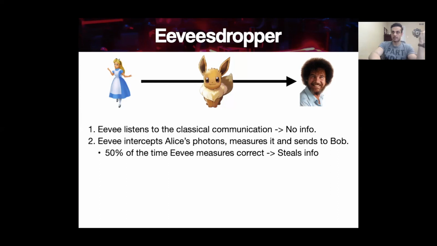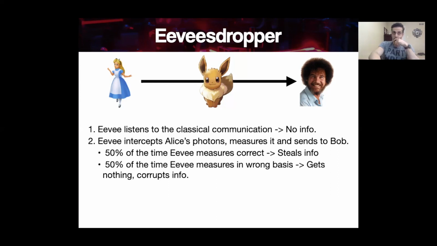Eve has the same odds that Bob does, and Eve's going to steal that information. And then you can pass the photon along, no problem. The other 50% of the time, Eve's going to measure in the wrong basis and is going to get nothing. It's going to be a random bit. And Eve's going to corrupt the information and send it to Bob.